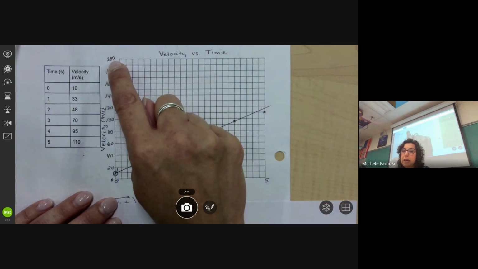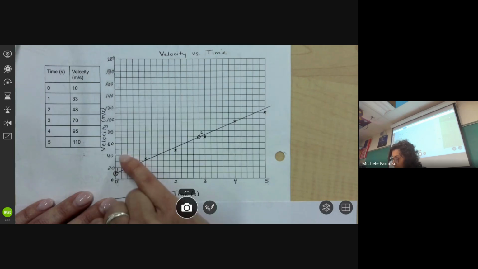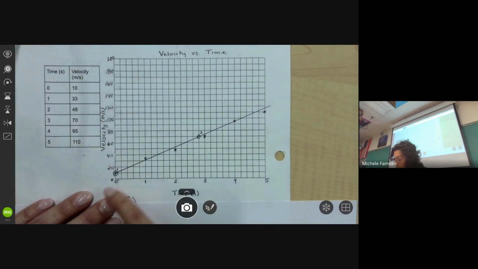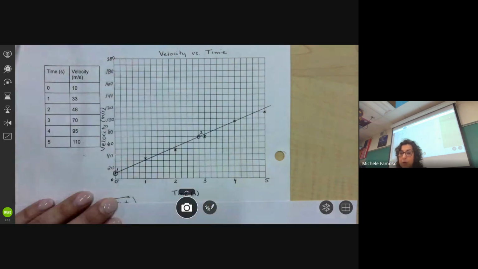So I picked a scale that got me actually to 200 m/s, which is fine. I need to go to at least 110. If you can go beyond it a little bit, that's great. So when I do that, every line was 10, and I'm labeling every other line: 0, 20, 40, 60, 80, 100, 120, 140, 160, 180, 200.